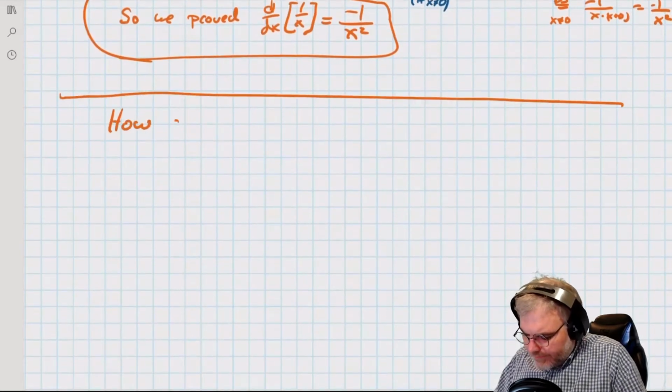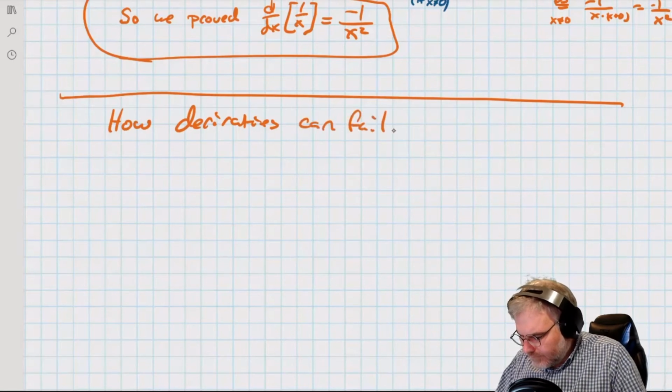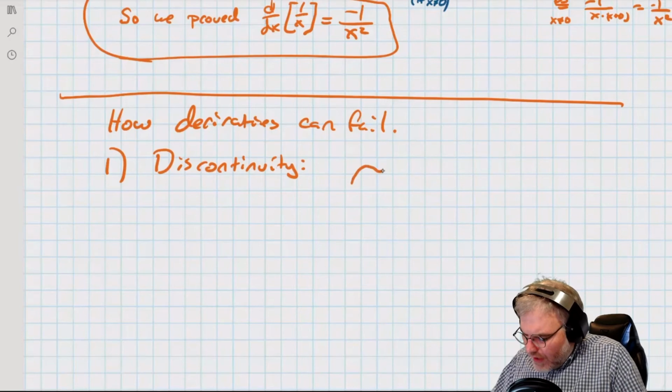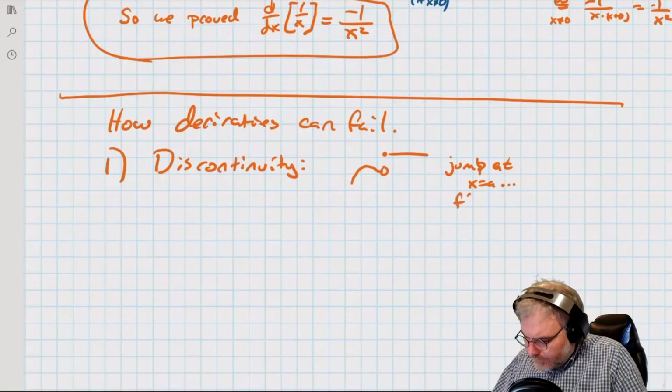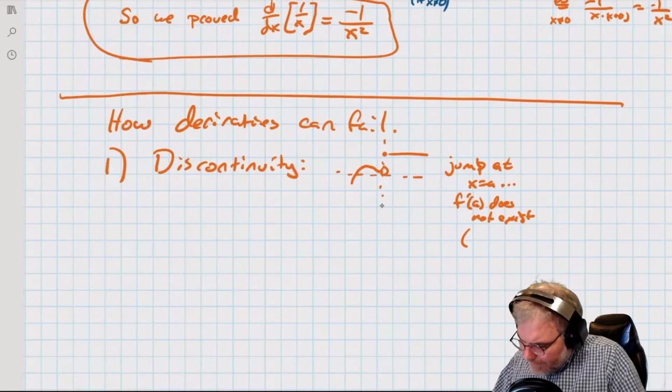How derivatives can fail. Number 1, a discontinuity. Okay? So any type of jump. And actually, when we think about it, it's rather obvious that that's going to happen.